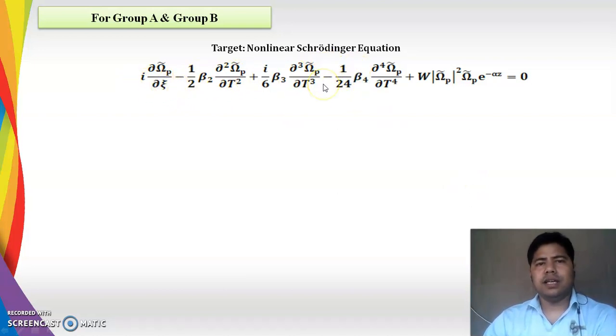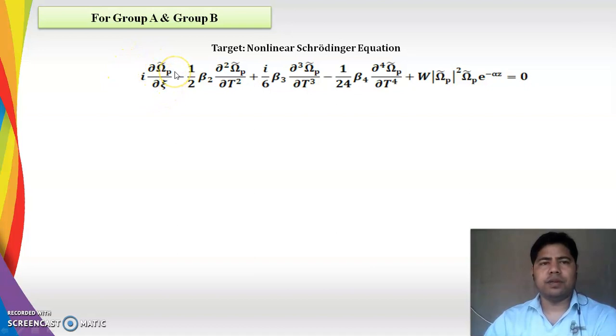in this equation, I hope you have probably already come across it. This is the nonlinear Schrodinger equation, and there are three main parts.